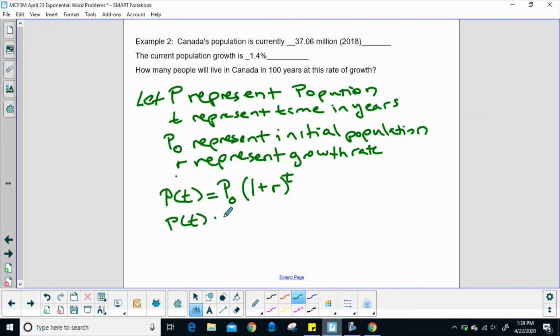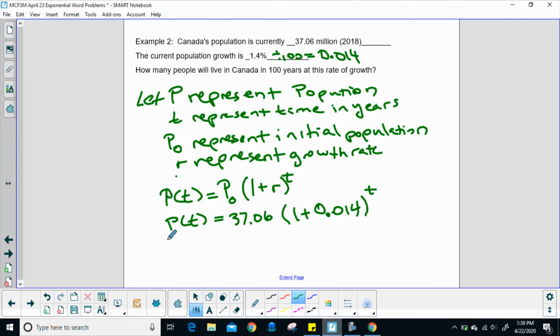So let's see, using our values, my initial value is 37.06 million. 1 plus my growth rate, so percent, divide that by 100, move your decimal place 2 times, 0.014. 0.014, that doesn't sound very big, does it? Let's see what it does. To the exponent T, so there's my equation.